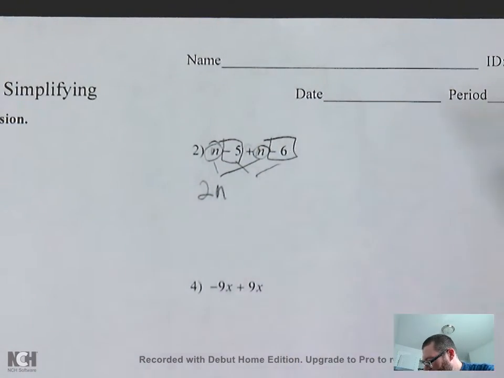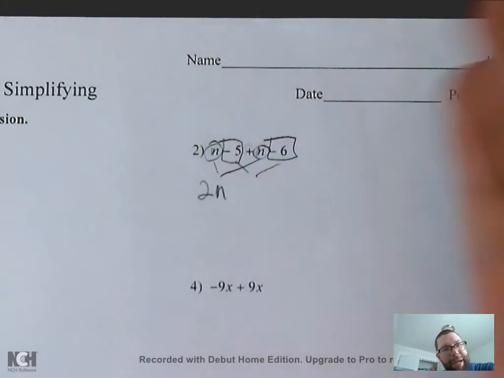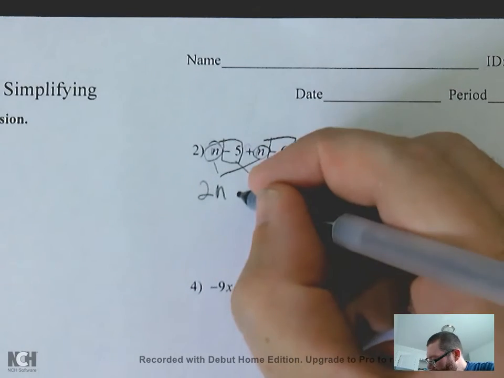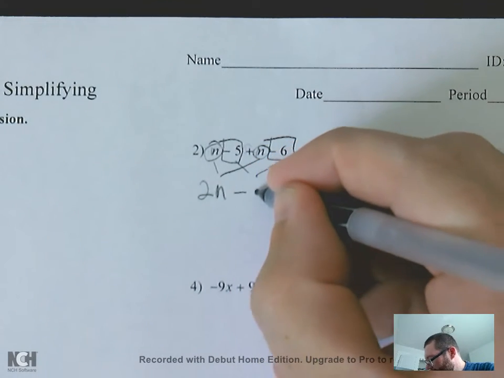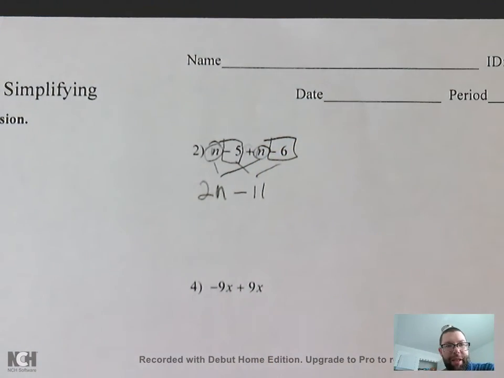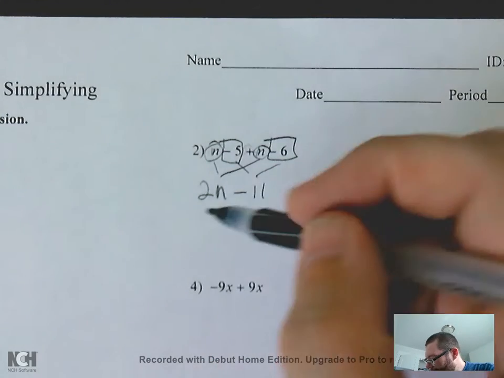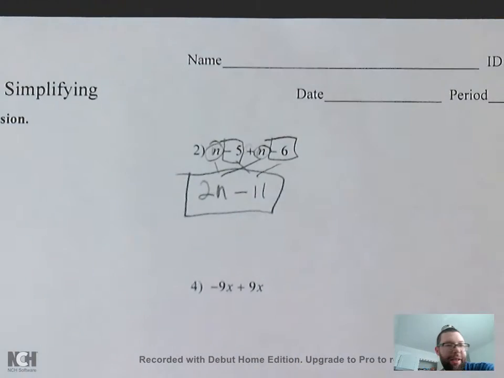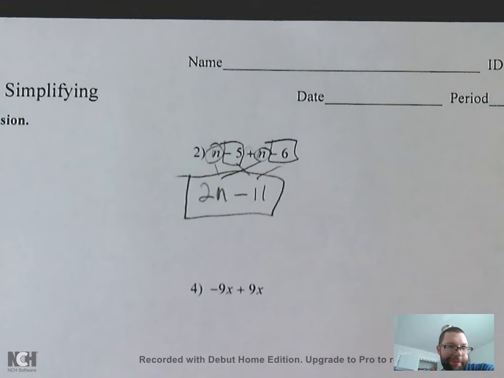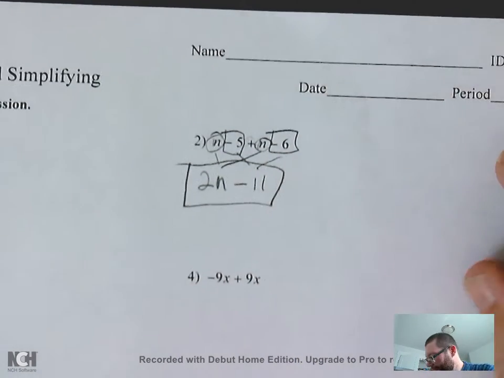So -5 plus -6 would be like -5 minus 6. It's going to go more negative, right? So it would become -11. Now, these are not like terms, so that's as far as we can go. We've simplified it. That's our answer: 2n minus 11. That's all you've got to do, just combine those like terms.